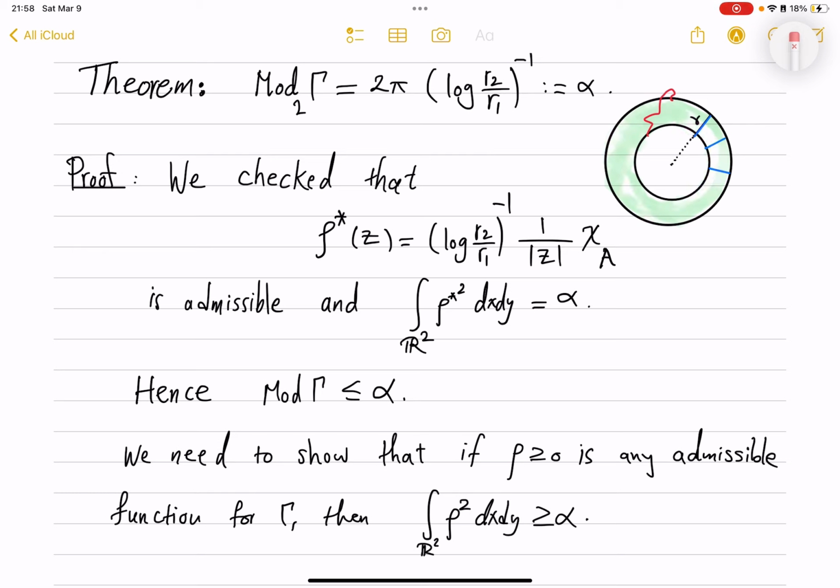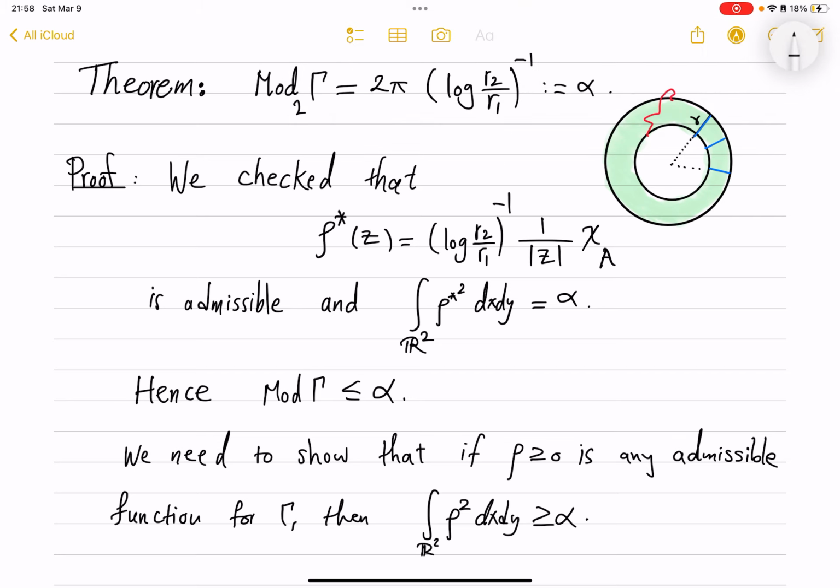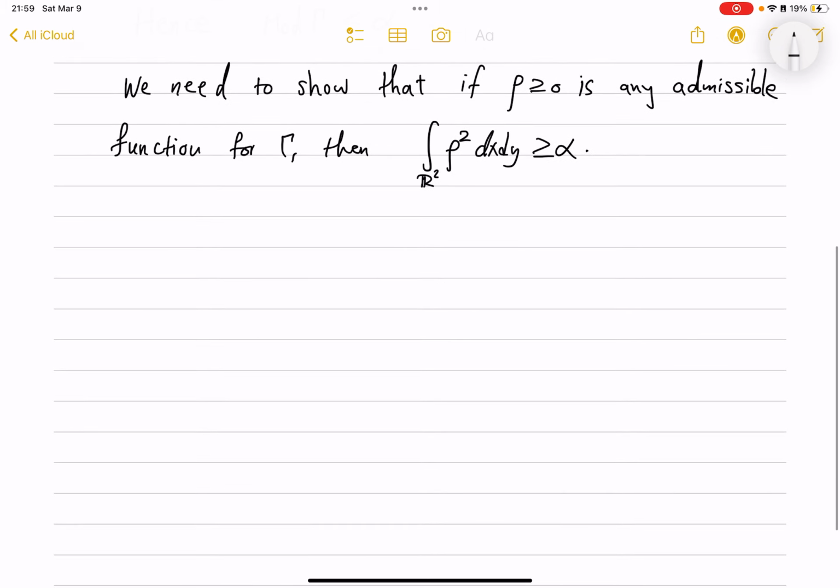Segments like the ones that I have tried to draw in blue, along the radial directions from the center of the annulus, that simply connect the two circles. So in particular for such gamma, we see that rho, by just being admissible, has integral bigger than or equal to 1 on each of these radial segments. That we know.